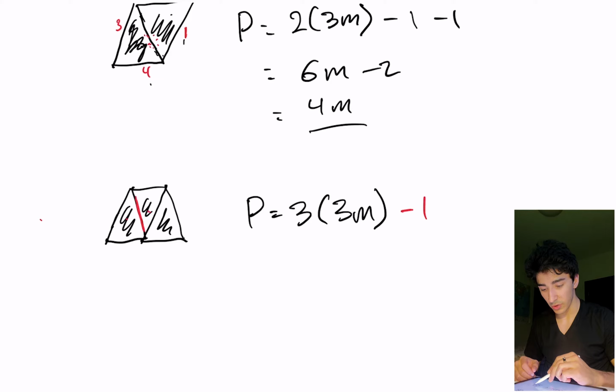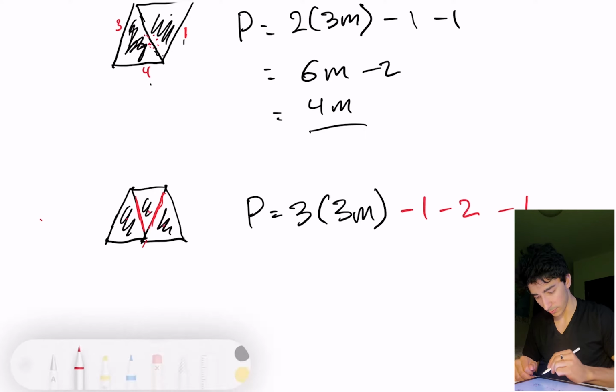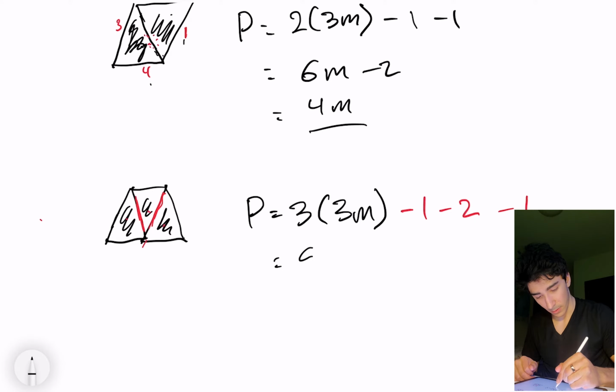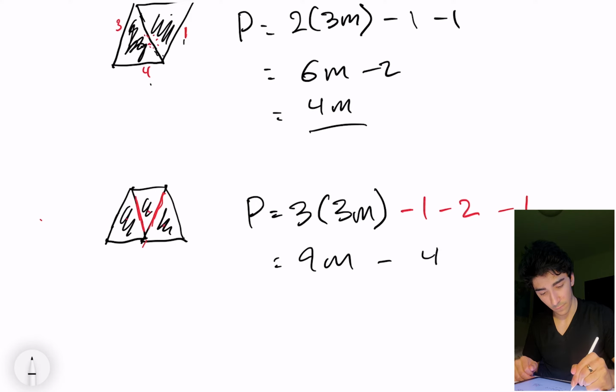For this triangle in between, in the middle, one of its sides is covered, and another one of its sides is covered, which means it's minus 2. And for this triangle, once again, one of its sides is covered, so it's minus 1, which means we get 9 meters minus 4 meters, which gives us 5 meters.